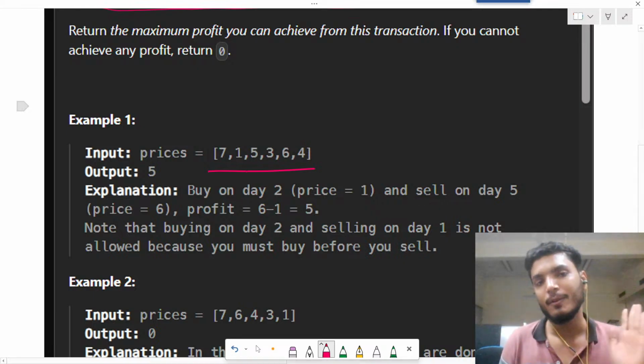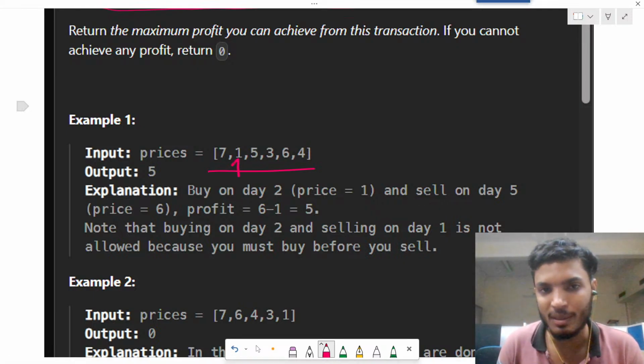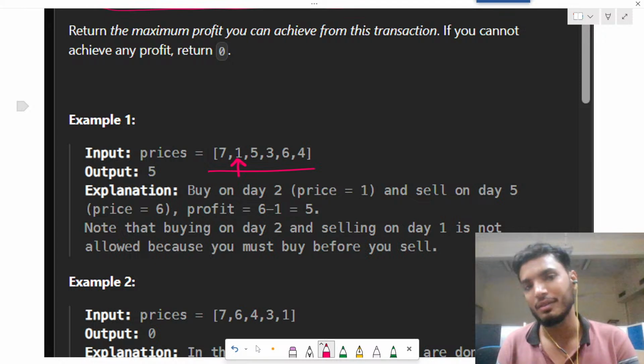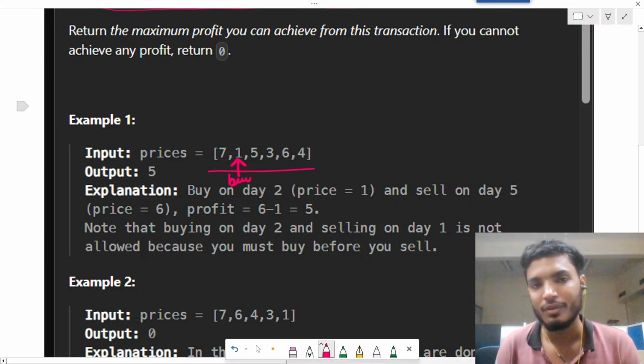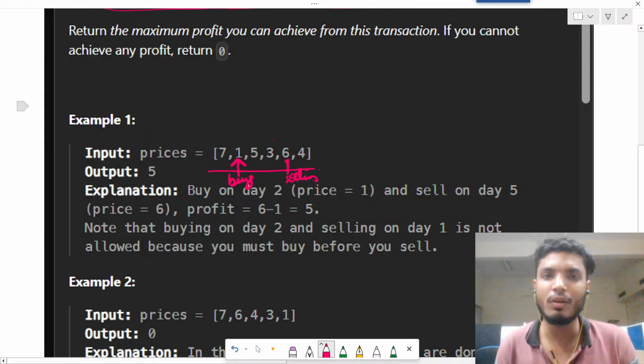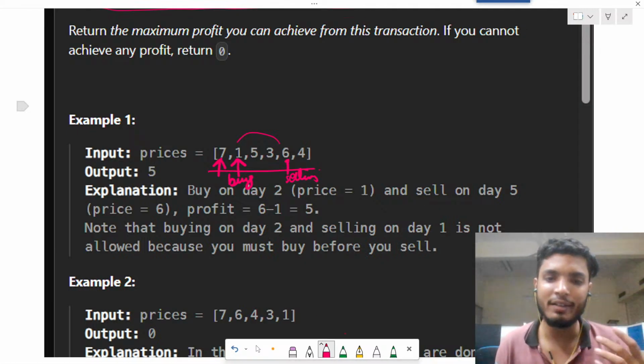So if I buy my stock here, suppose at 1, where should I sell it? If I am buying at 1, I will be selling at 6, so the profit will be 5. If I buy at 7, then where should I sell?